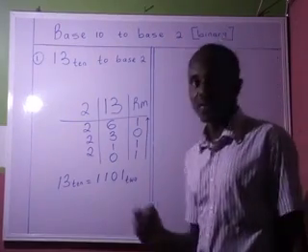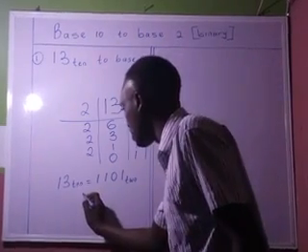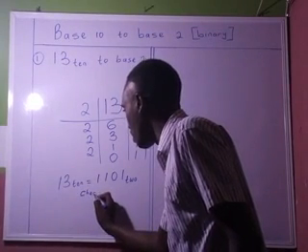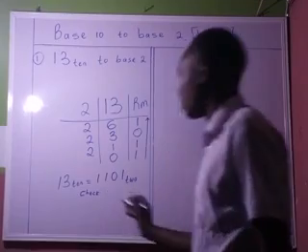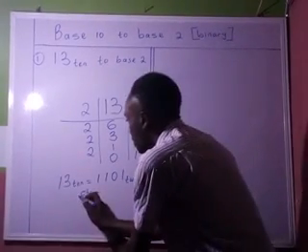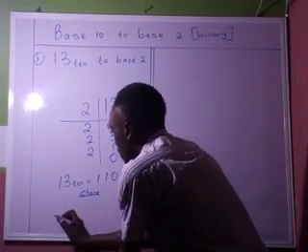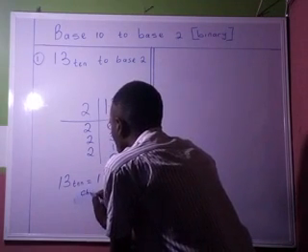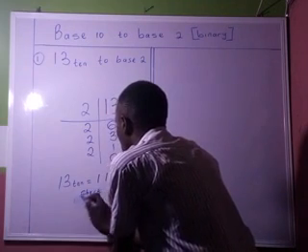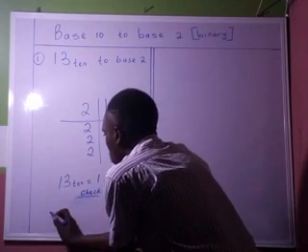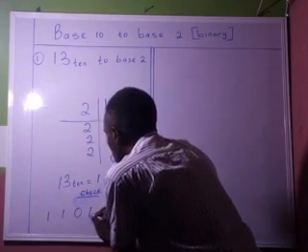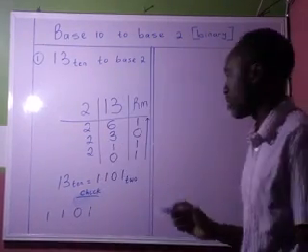Now we can always check if our answers are correct. Let me just check it with this little space. 1, 1, 0, and that's one beautiful thing about mathematics.